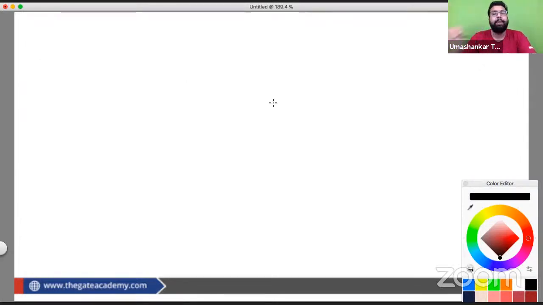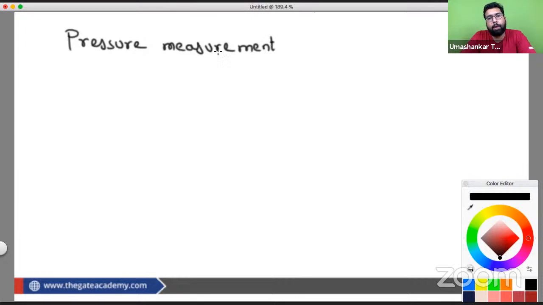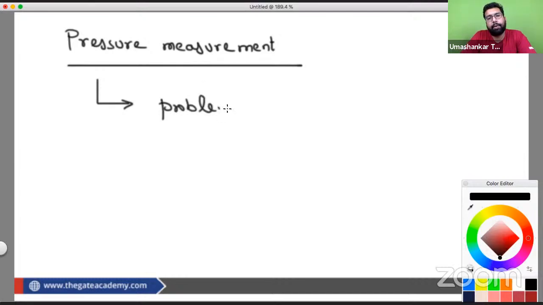Now, according to me, the next important topic is pressure measurement. Agreed? Yes or no? When we are using manometers, or we can say problems related to manometers.